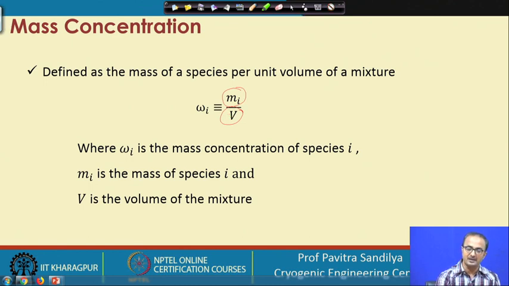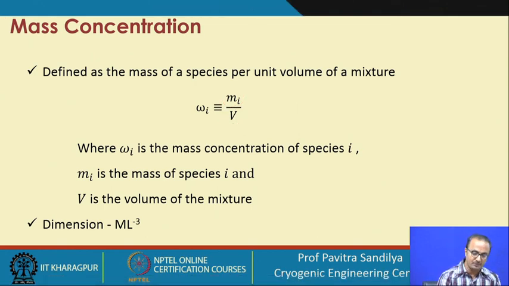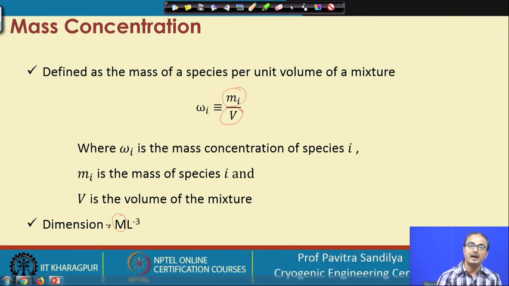Next in line is the dimension. The dimension means what kind of units we shall be having to represent these concentrations. Now, to determine the units, we go back to our basic fundamental units. In case of concentration, it is coming in terms of the mass M and some length dimension that is given by L. So, mass per length to the power 3. Now, length to the power 3 means it is volume.